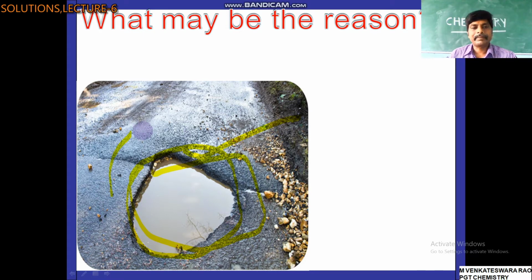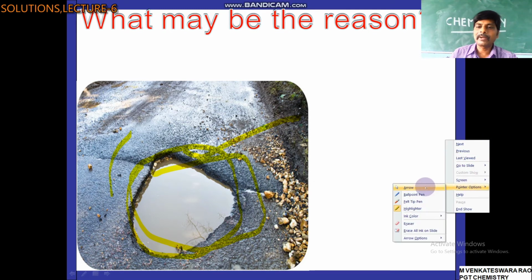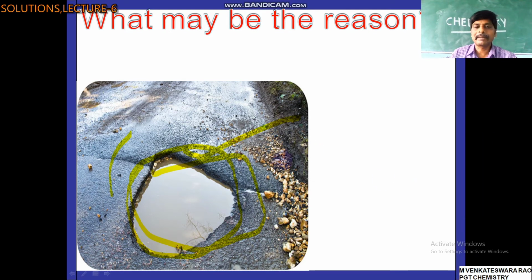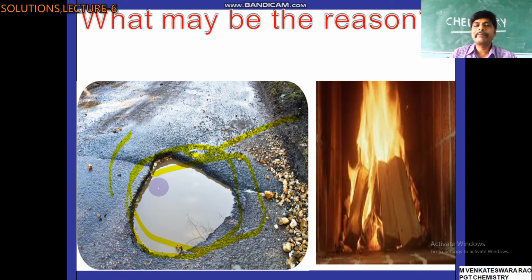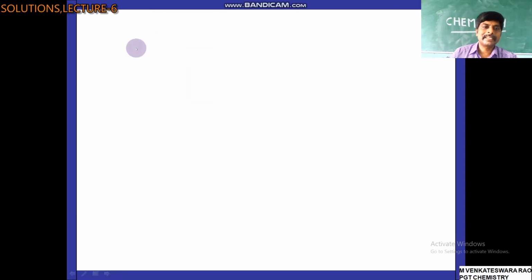During rain, after 1 hour, 2 hours, it becomes normal. Why does it become normal? Is anybody putting fire nearby this water or under this road? Anybody putting fire? No. Then what may be the reason?